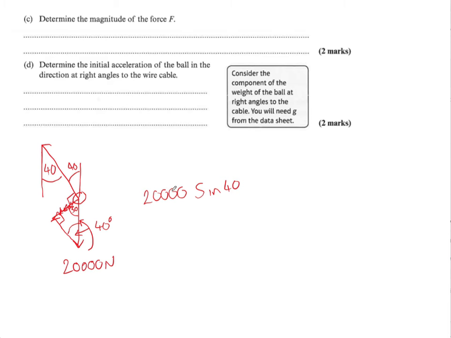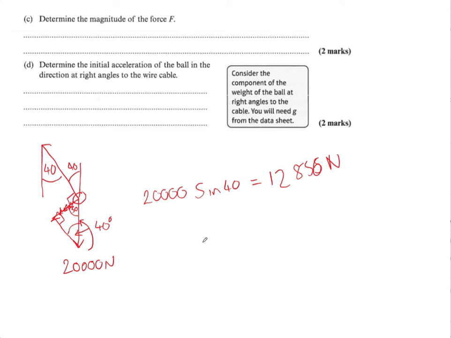Here is the hypotenuse. When I do that, 20,000 times sine of 40 gives me 12,855 or 56 newtons, shall we say. That's the value of the force.